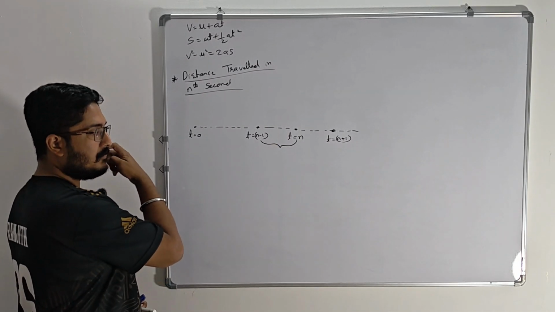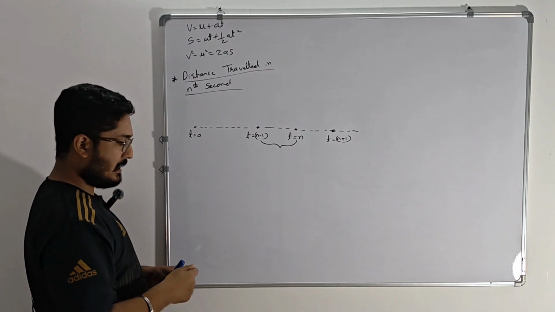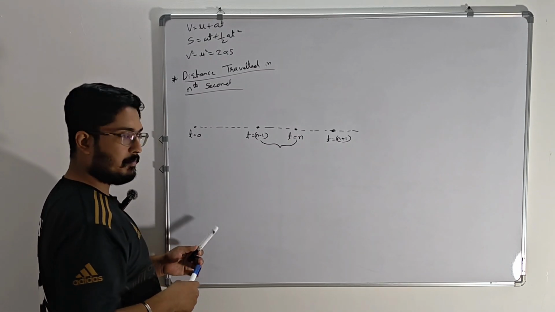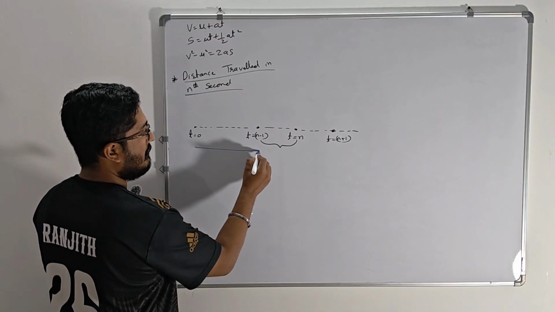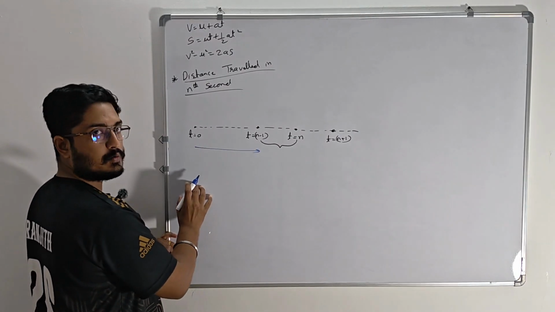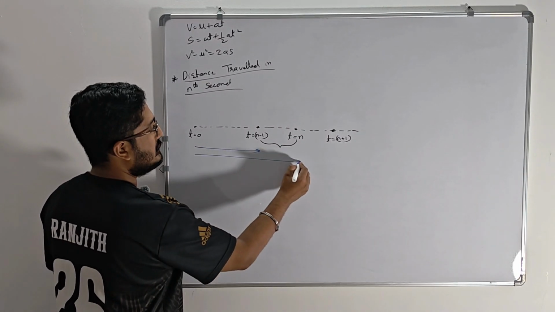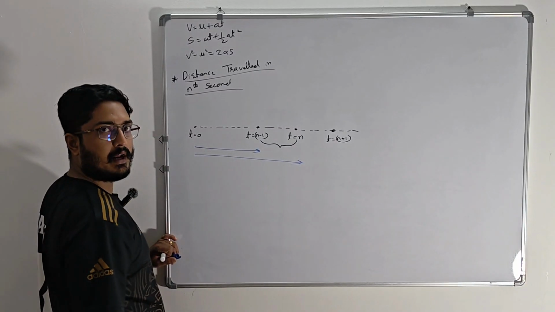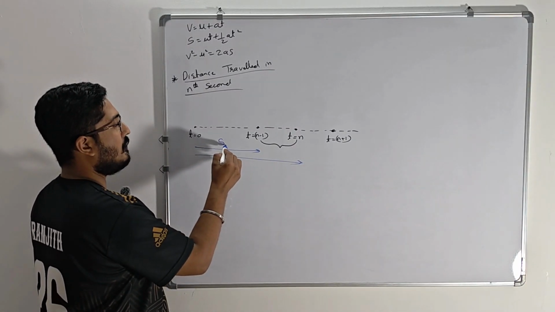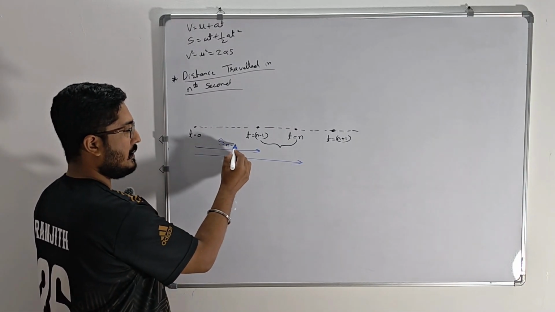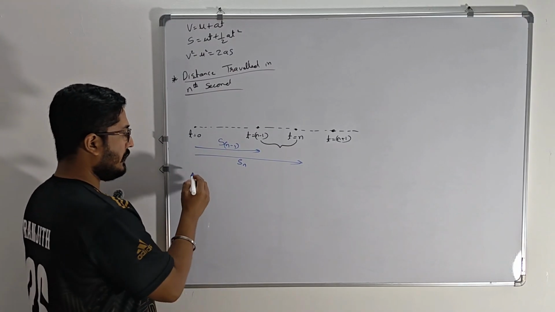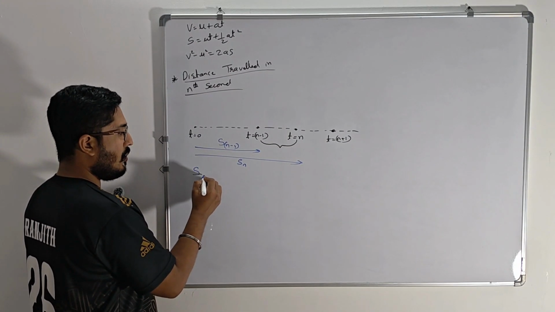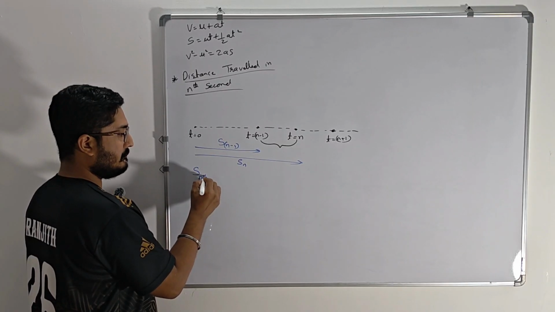So if they are interested in this distance, can I just simply say it is nothing but the subtraction of the displacement for n minus 1 from the displacement for n. This is the displacement for the n minus 1 time, and this is the displacement for the n time. When you do that, that is the displacement in the nth second.